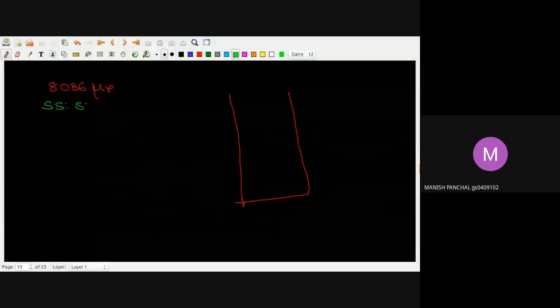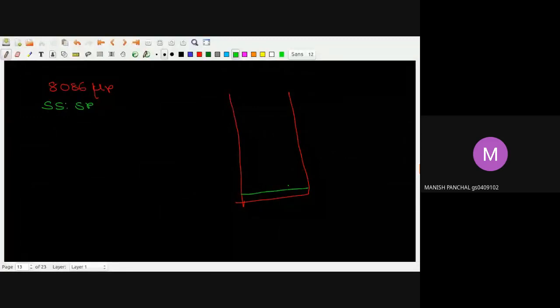Earlier in the 8085 microprocessor, the stack pointer is decremented by 1, but here your data bus is 16 bits, so the stack pointer will be decremented by 2 instead of 1.